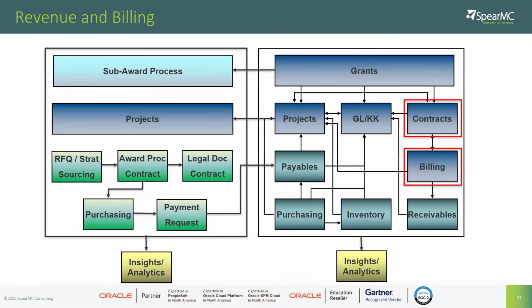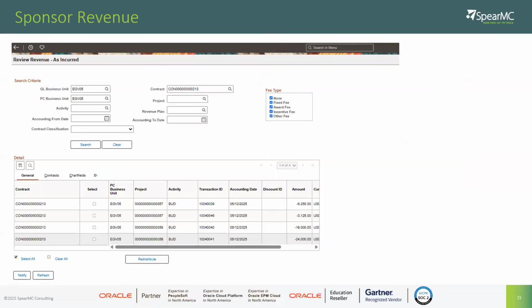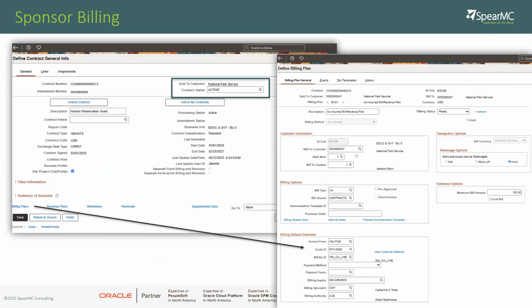So once again, the contracts module is responsible for that billing and revenue recognition, loading those invoices over to billing. So here, right after those costs came in, I did in fact go ahead and run as incurred revenue. Those journal entries are then sent over into the GL, so debiting unbilled AR, crediting revenue, and I can generate my invoicing.